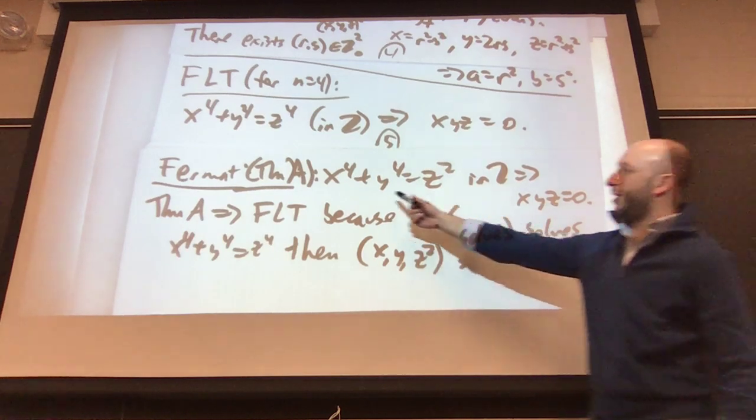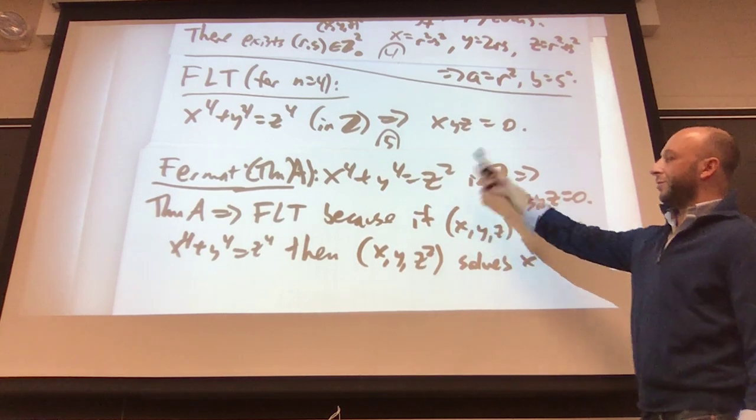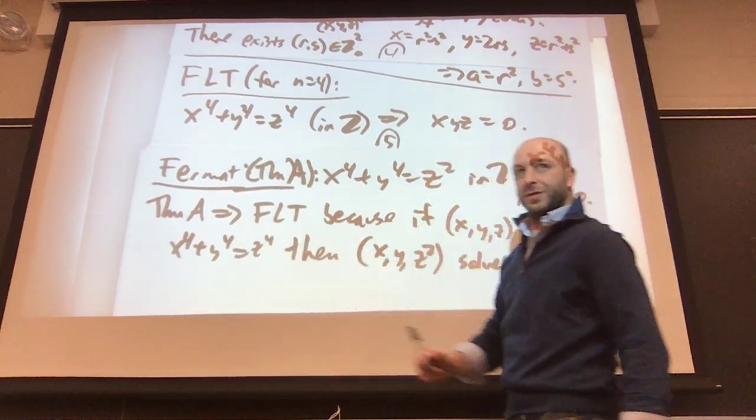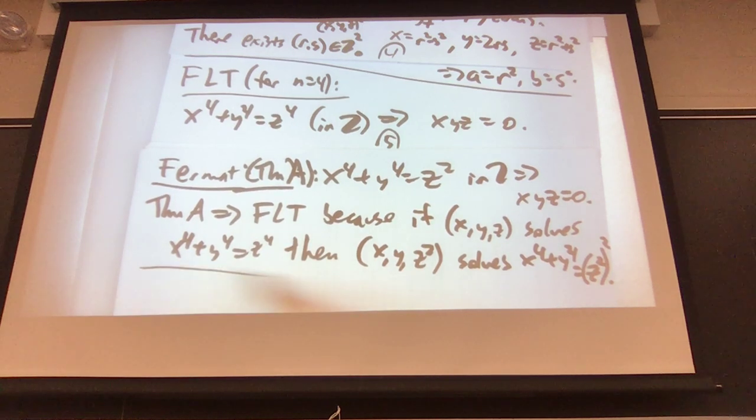And that would be an integer solution to this equation. But this equation has no integer solutions, so this equation has no integer solutions. Does that make sense? Okay? So theorem A is what we're going to really prove.